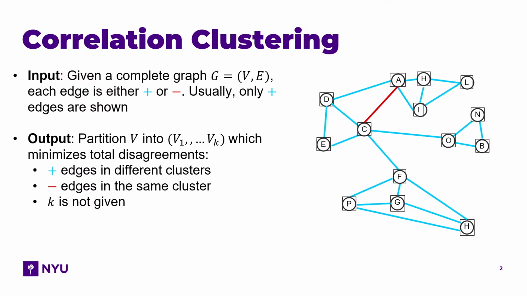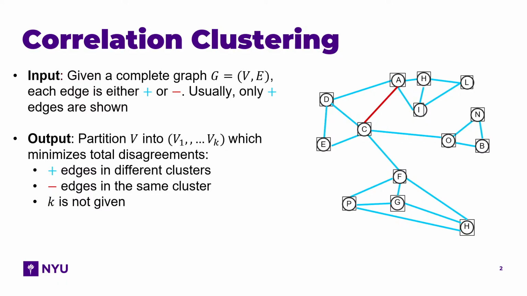Or it's a negative edge: they are dissimilar, but we put them together. This is one disagreement. We want to minimize the total number of disagreements. In this problem, the number of partitions is not given, so we can use this to do unsupervised learning. This is one advantage. It's different from k-means, where k is fixed.